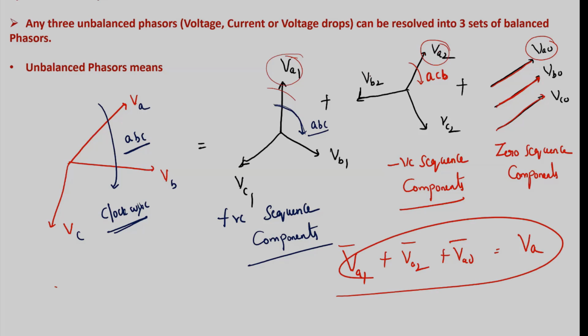Their orientation and magnitudes will be such that if you add these three, you are going to get this. And if you add VB1, VB2 and VB0, you are going to get VB. That is, their orientation and magnitude will be such that if you add these three vectorially, you are going to get VB. Similarly, you are going to get VC.